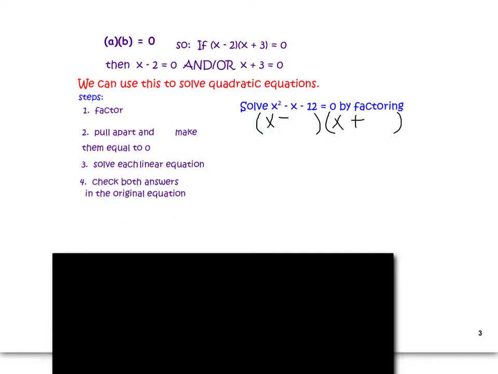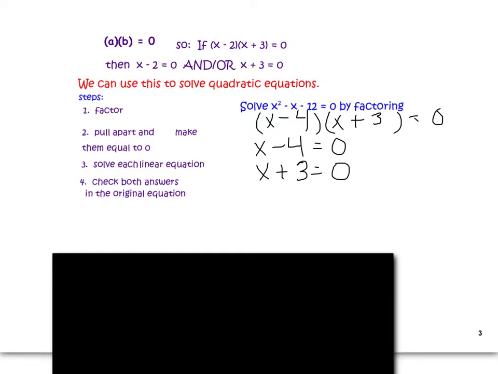And factors of 12 that give me negative x are negative 4 and 3. So knowing that is equal to 0 tells me that x minus 4 equals 0 and x plus 3 equals 0.